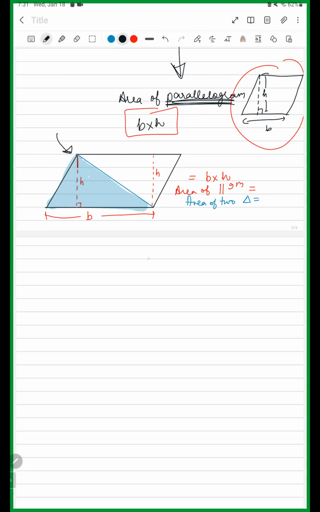Okay, understood. Okay, so that is why we say that area of a triangle is equal to half of the area of the parallelogram. ठीक है? समझ में आया हिबा?